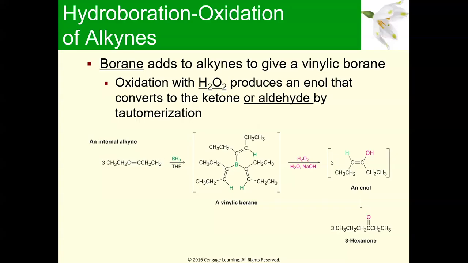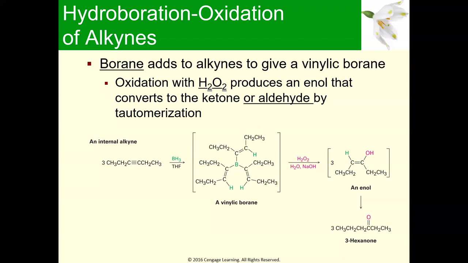But it would put the OH, the hydroxyl group, on the least substituted carbon. So it's anti-Markovnikov. So borane adds to alkynes to give a vinylic borane, and then oxidation with H2O2, hydrogen peroxide, produces an enol that converts to the ketone or aldehyde. It can also produce aldehyde by tautomerization.